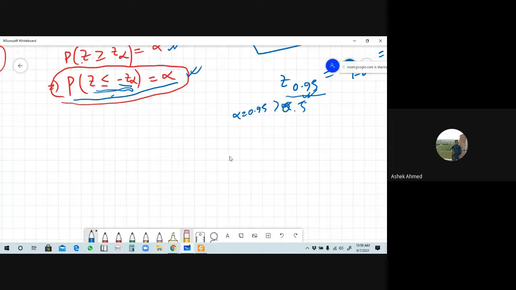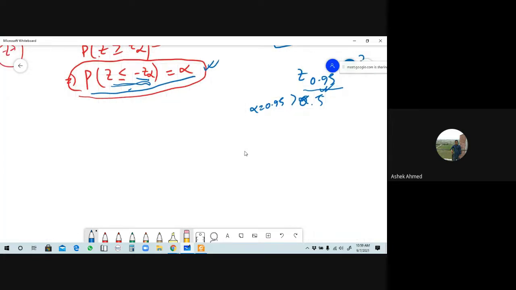Tell me, what is the value of alpha here? 0.0125. But this is less than 0.5, is it right? Less than or greater than is not a problem, but you have to remember that the coefficient of this must be positive, always positive.